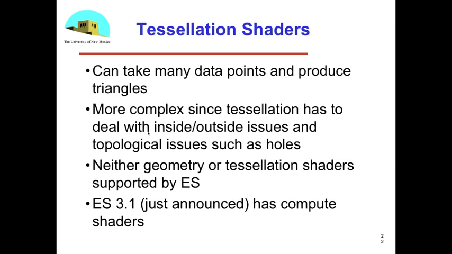So it's not necessarily triggered by the geometry the way a vertex shader is, and ultimately a fragment shader, but it lets you do computation without going to a whole other kind of system like OpenCL. And it was just announced last week that ES 3.1 has a compute shader in it.